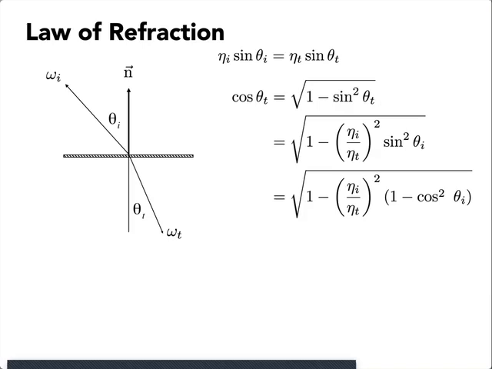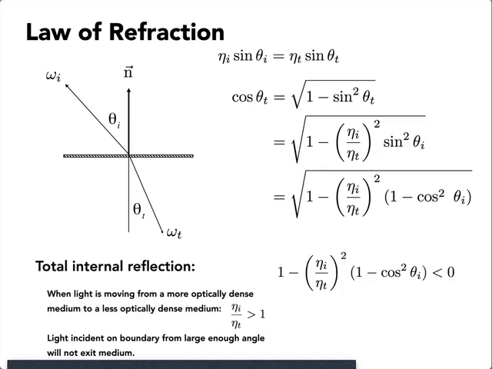For sine of theta t, we can substitute in from this equation over here, arriving at this form: 1 minus (eta I over eta t) all squared times sine squared theta I. We can convert from sine squared theta I to 1 minus cosine squared theta I, and the cosine theta I is, of course, just omega I dot n again. Okay, so that gives us a full formula for calculating all of the facts that we need about the refracted direction.